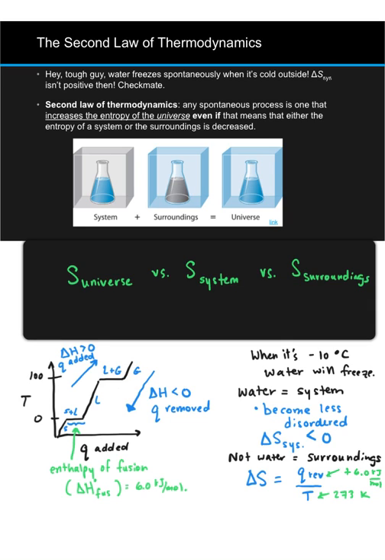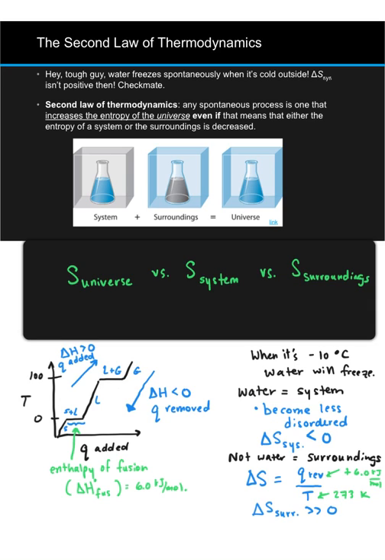It really doesn't matter what these numerical values are, but what we can say is that the change in entropy for our surroundings is much, much greater than 0. It's a really big number. So even though our system, water, is becoming less disordered, it's got an entropy that's negative, the surroundings of that water are becoming much, much more disordered.